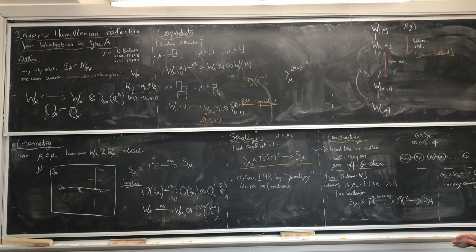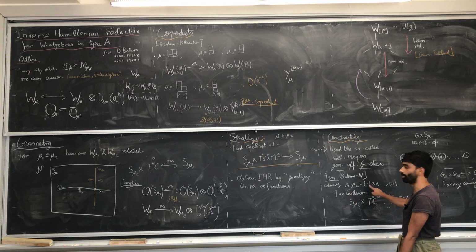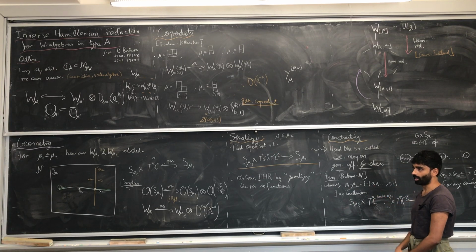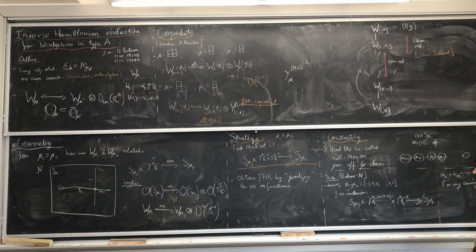Our initial attempt at this whole inverse Hamiltonian reduction was very much trial and error, and he noticed that the answers we were getting were examples of this specific multiplication map for the case where mu1 minus mu2 was just minus 1, 1. That was the evidence that we were heading in the right direction, and we extended it to this more general case.